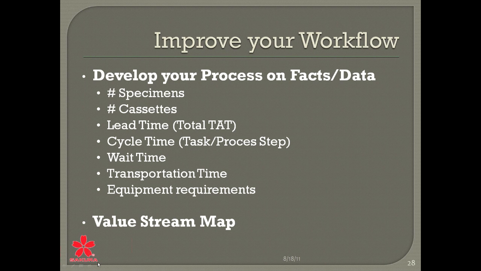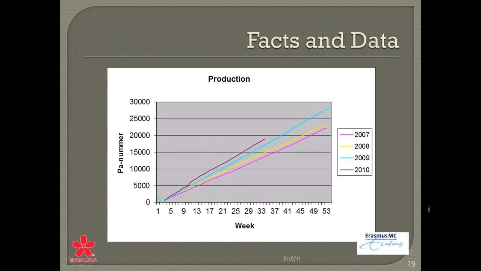And I will show you how we did it. So try, as I said, to have it based on facts and data. And this is what you see. This is the production, what we have done in the recent years, and you always see an increase. We had an increase every year of about 10 to 12%, and every year it kept growing and growing. And you have to be prepared, so always check the facts that you have.